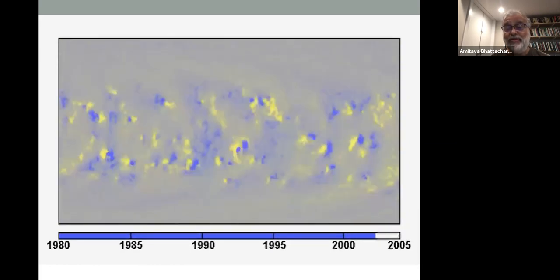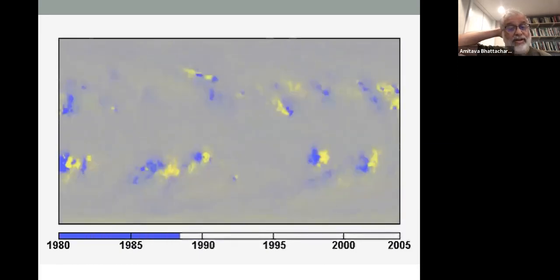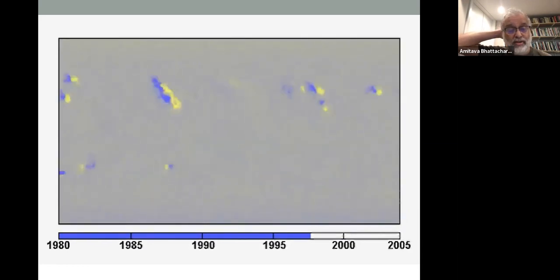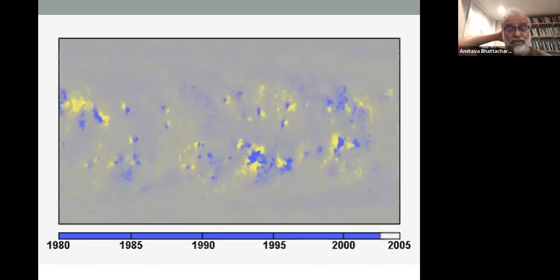And you can keep staring at this movie, and you've got two things to account for. You have to account for the large-scale structures you see, as well as for this beautiful 11-year cycle for which definitive explanations do not exist.